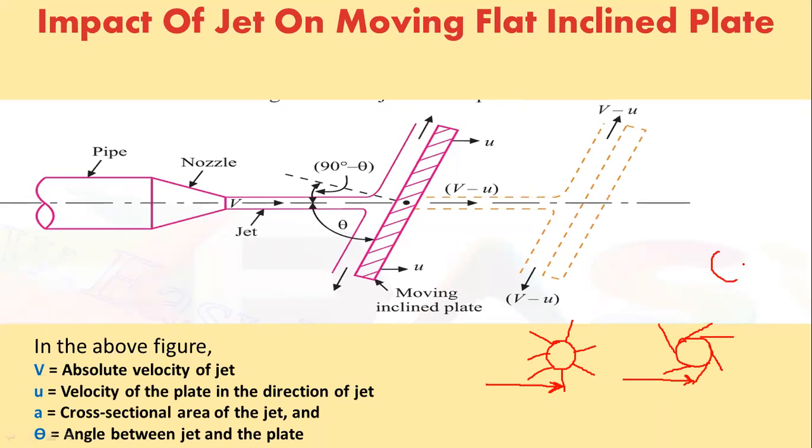Or else my turbine will have plates which are curved. Now normally you will observe in real life, so instead of telling you, you can tell me what type of plate is most commonly used in the turbine, whether it is curved, whether it is inclined, or whether it is flat vertical.